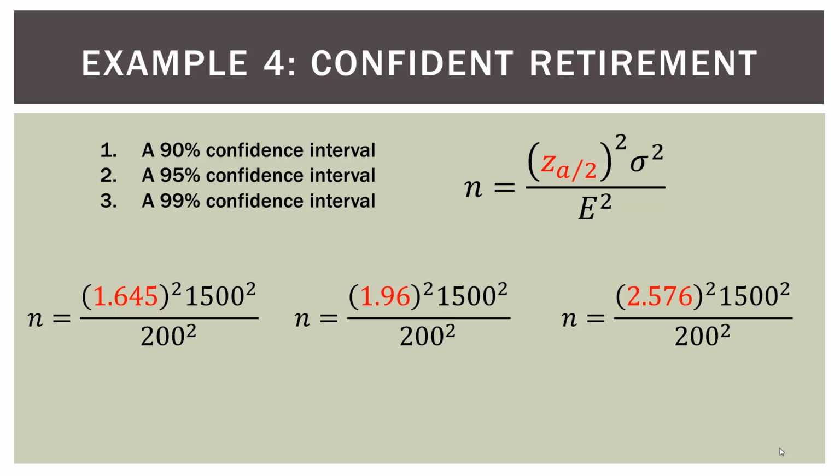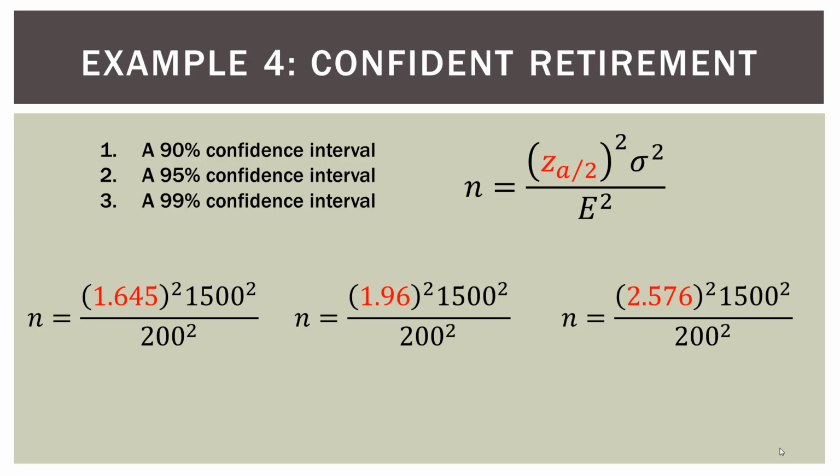Now what if we're only interested in the middle 90%? What's going to happen to the boundaries? Well, it's going to move inward, and we're going to have more alpha out in the tails. That's why the z-value is 1.645. It moves inward from where the 1.96 is for 95%. Now look at 99%.